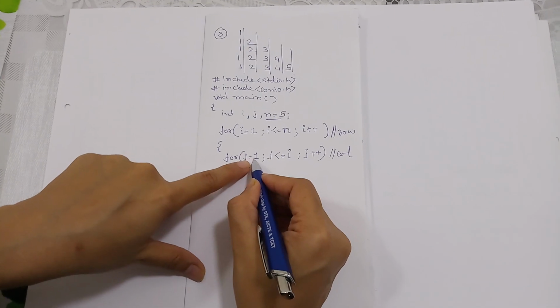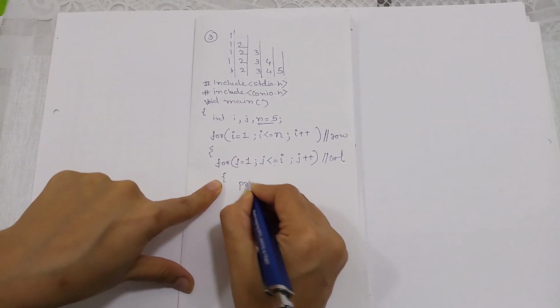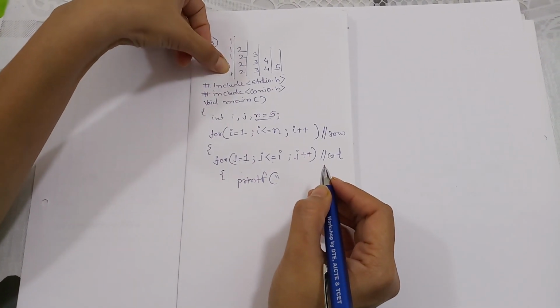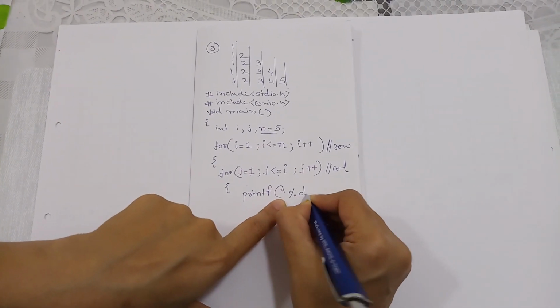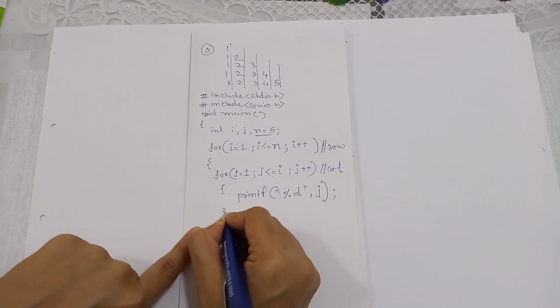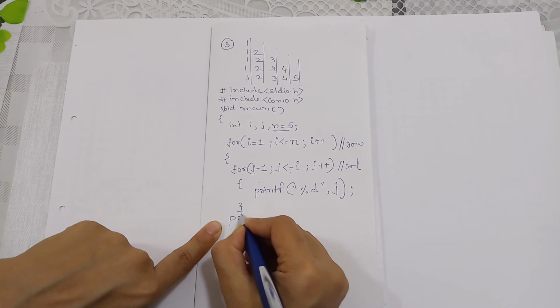So j's value is ranging from 1 to I. Now here what I have to print, as I already told you, I have to print the column number. So what we are printing is value of j, which is my column number. And then after completion of each and every row I have to print new line character.